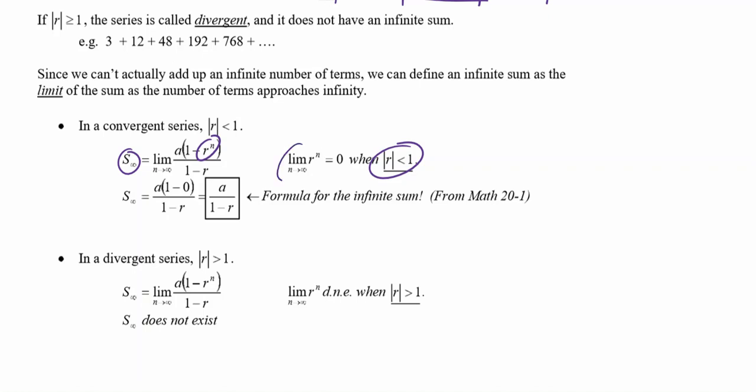The limit of R to the n when R is less than 1 is 0. So that simplifies our equation. We get to get rid of that term. So the sum of any infinite series when the absolute value of R is less than 1 is this equation. We can use that simple equation now whenever we like.